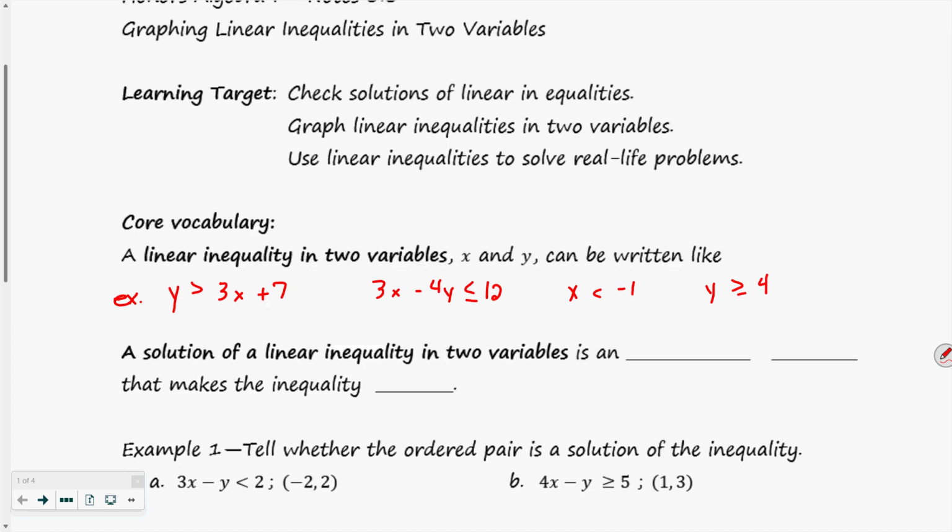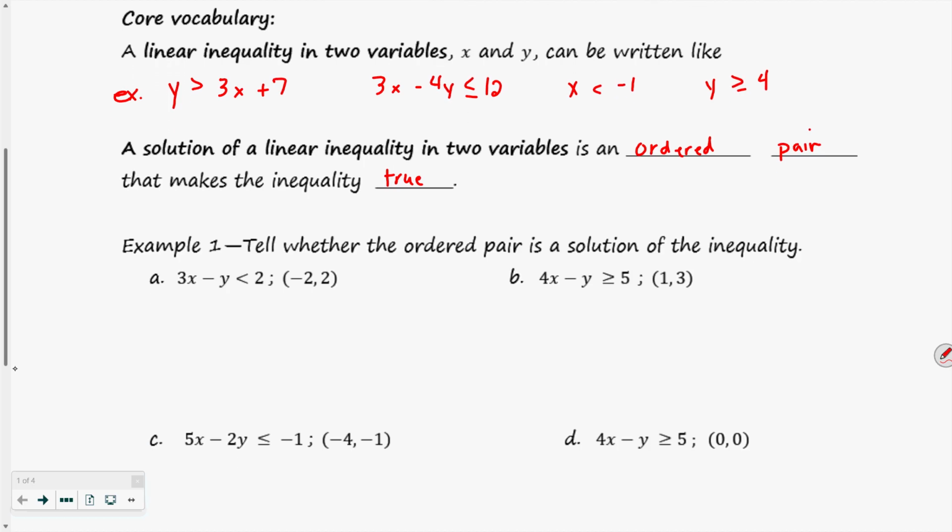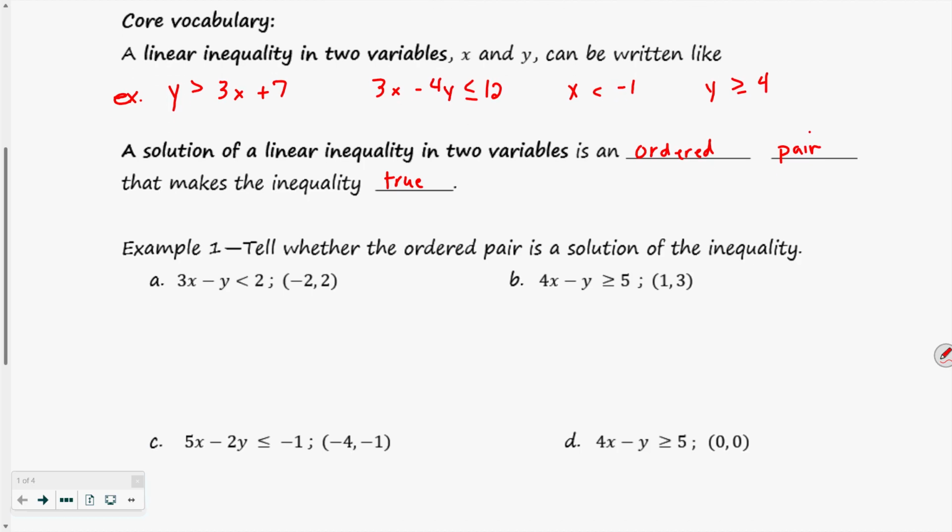The solution of a linear inequality is an ordered pair that makes the inequality true. We want there to be a true statement when we substitute that ordered pair into the linear inequality. Our first example: we have 3x minus y is less than 2.